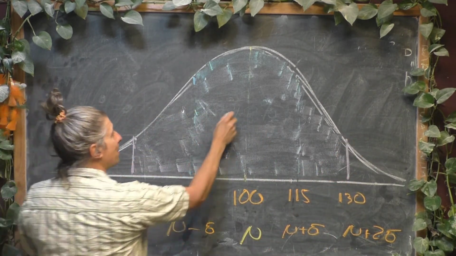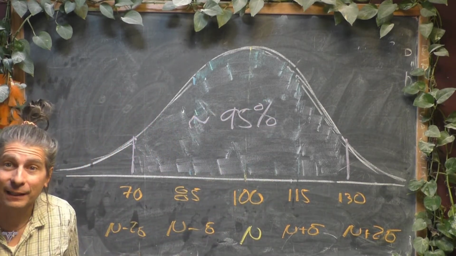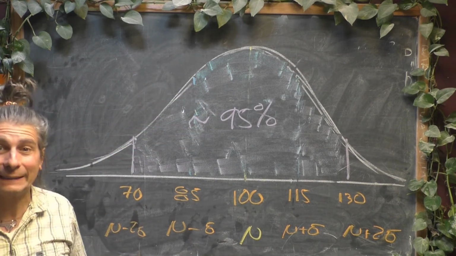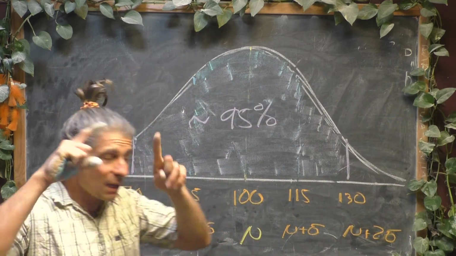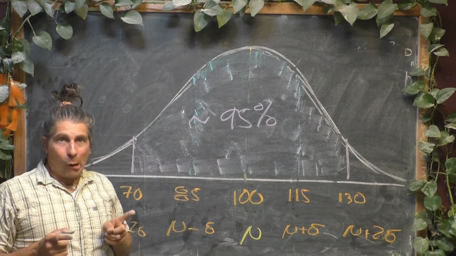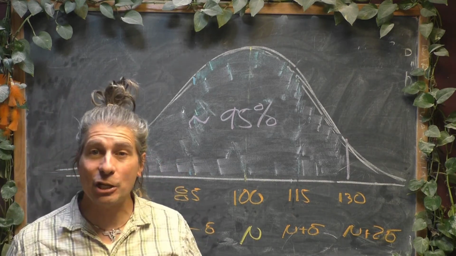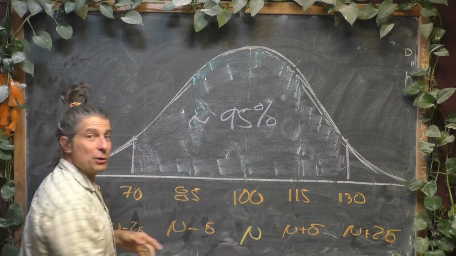And you remember that's about 95%. And we dealt with these percentages, like I said, a few weeks ago. We're going to deal with them more now. So let's see how some modern IQ classifications tie into this curve and these values on this curve.